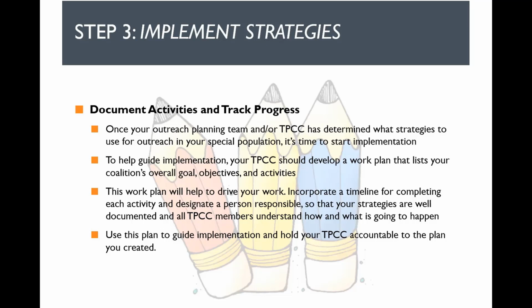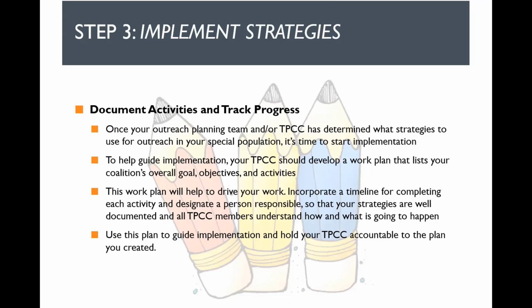Incorporate a timeline for completing each activity and designate a person responsible so that your strategies are well documented and all TPCC members understand how and what is going to happen. Use this plan to guide implementation and hold your TPCC accountable to the plan you've created. An example work plan can be found in your toolkit.